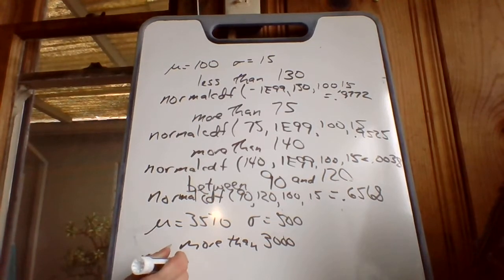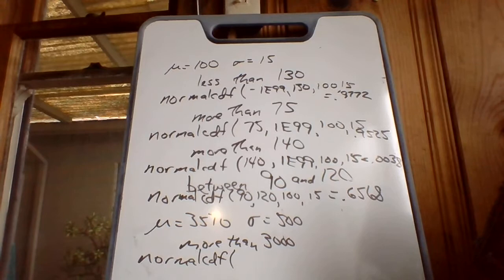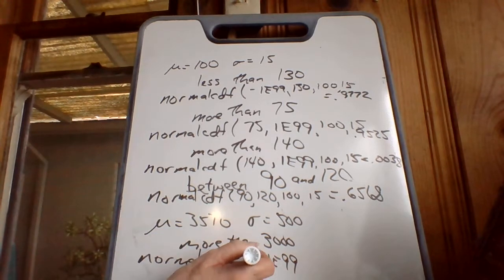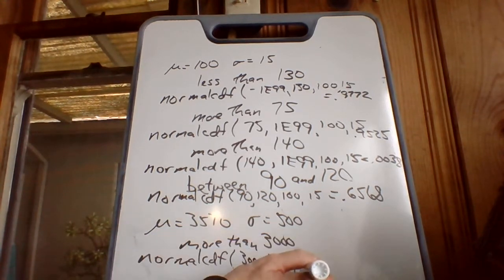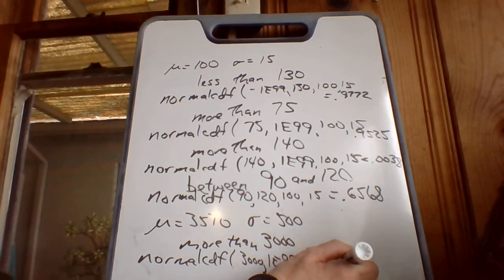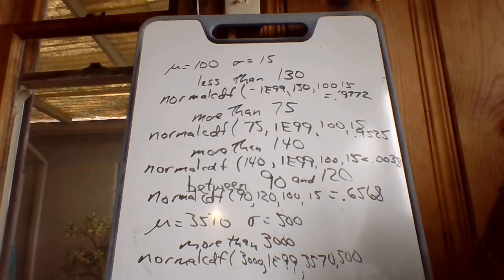All right, so normal CDF, because every single problem starts that way. More than, okay, so I'm going to use positive infinity, and I'm going to put it right there. The number they gave me, 3,000, is going to go right there. And since they gave me the mean and standard deviation, I'm going to put those in as well.